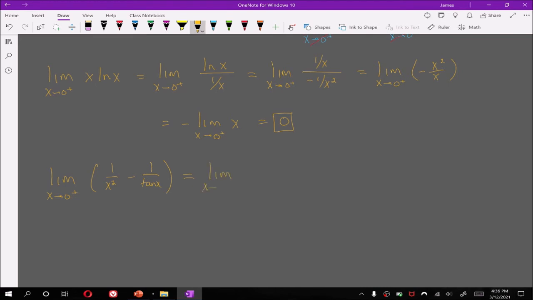So limit as x approaches 0 from the right, 1 over x squared, right, 1 over tangent as cotangent, which is cosine over sine. Now write this as a single fraction. Sine of x minus x squared cosine of x all over x squared sine of x.